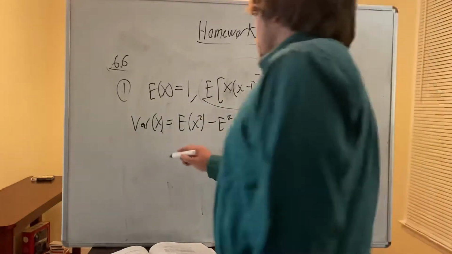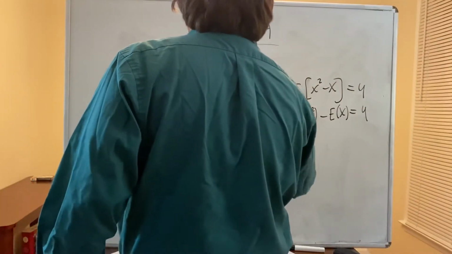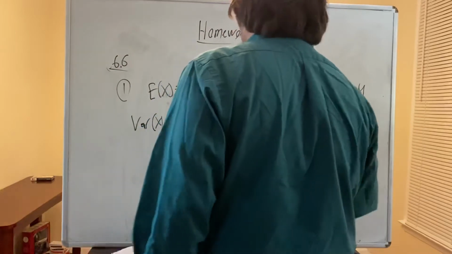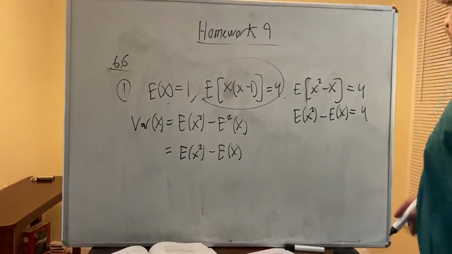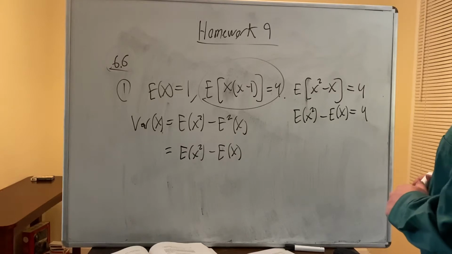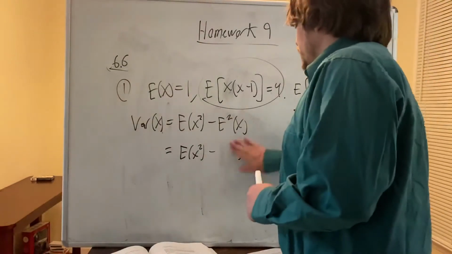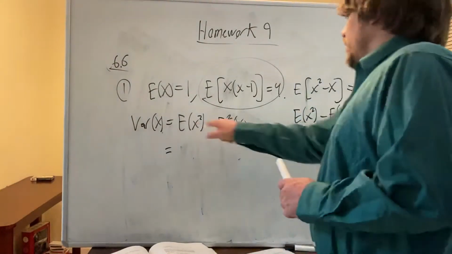And so the variance is E of X squared minus E squared of X. But wait, let me solve for E of X squared here.